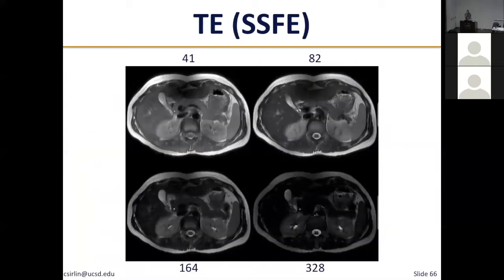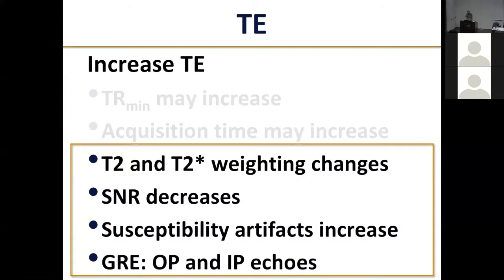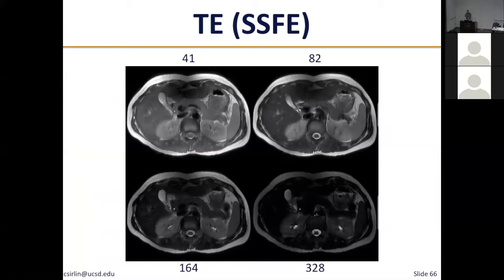Okay, so let's look at the effect of TE on T2, T2 star, and signal to noise. This is a single shot fast spin echo sequence imaged at a TE of 41, 82, 164, and 328 milliseconds. Can everyone appreciate that as the TE increases, the signal to noise decreases?